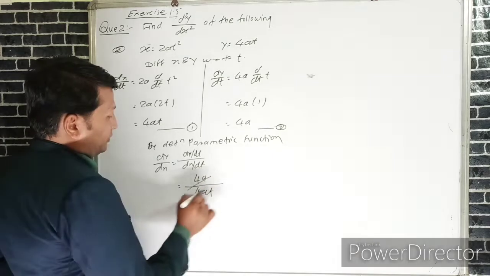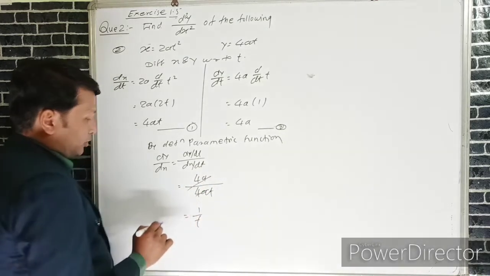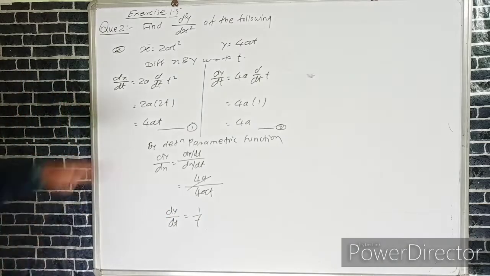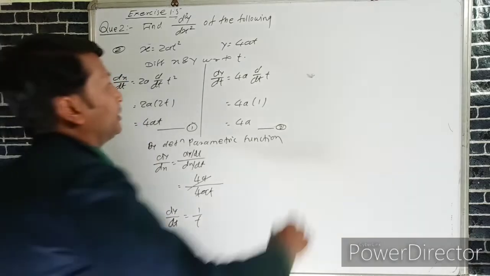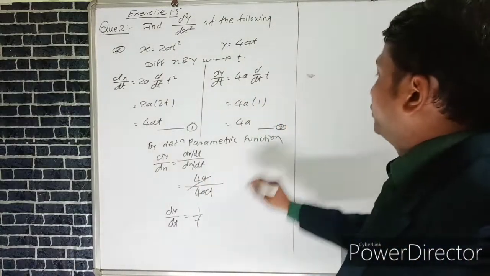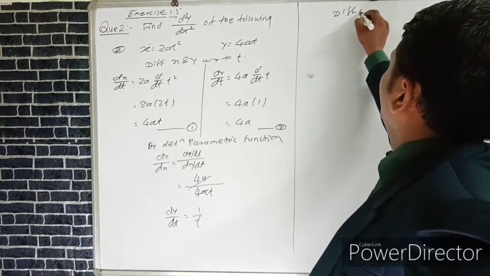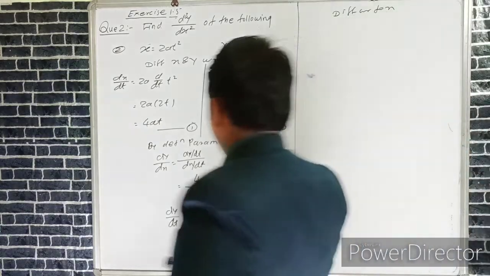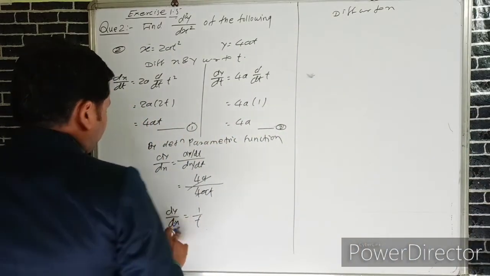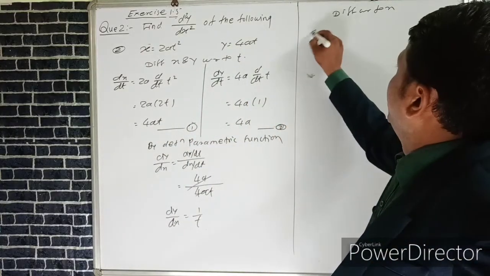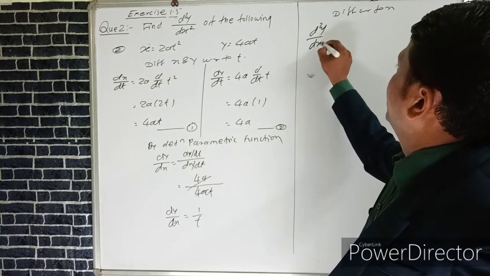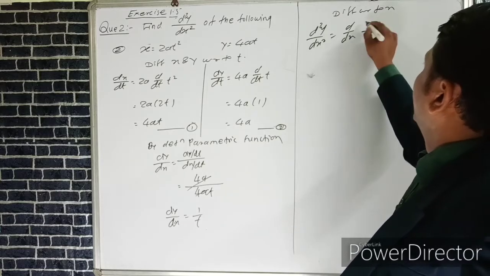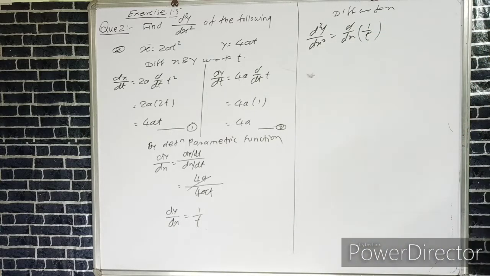Here 4a cancels, remaining 1 by t, which is dy upon dx. But we have to find the second order derivative, which is d2y upon dx square. So if we differentiate with respect to x, we can write the derivative of dy by dx, which is d2y upon dx square, equals the derivative with respect to x of 1 by t. t is a differentiable function but not x.